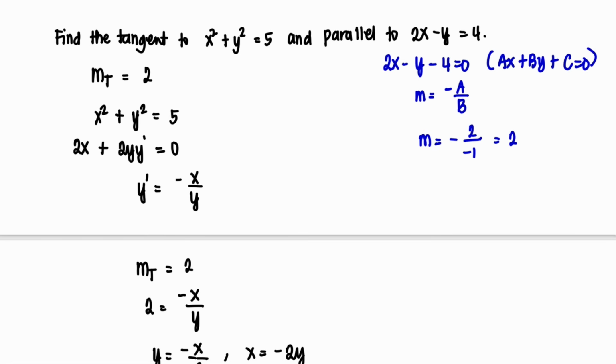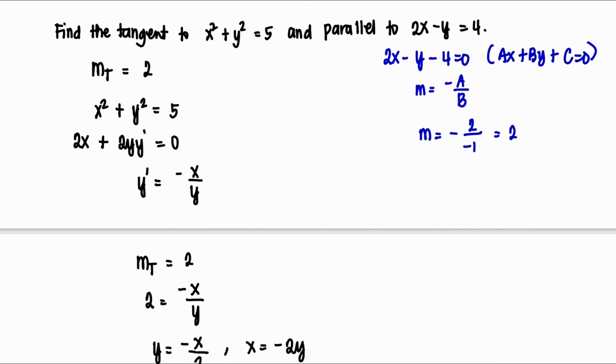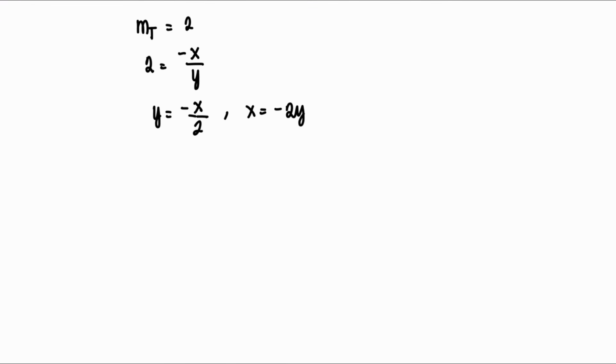So what do we do with this? We are going to substitute either this to the given equation or this to the given equation, to solve for one of the values and then solve the other value after that. Okay, so let's use x equals negative 2y. Substituting that to x squared plus y squared equals 5, negative 2y quantity squared plus y squared equals 5.